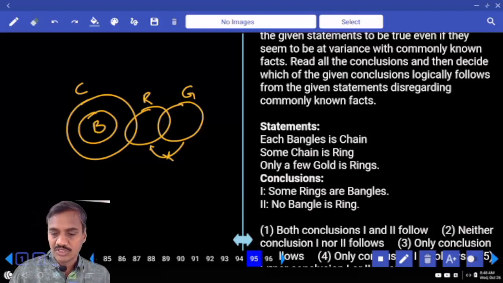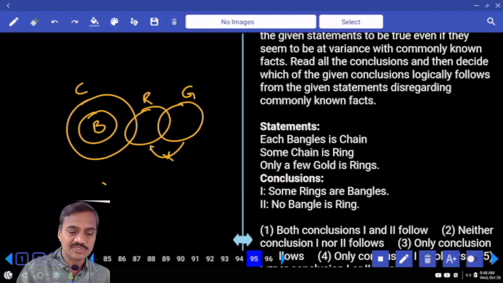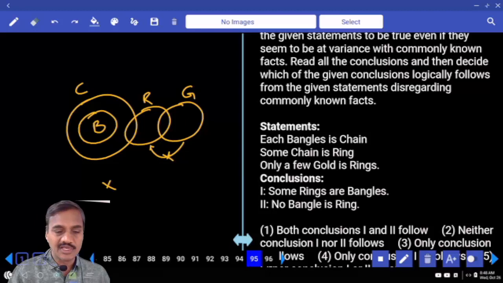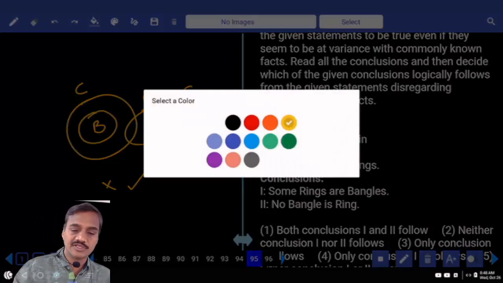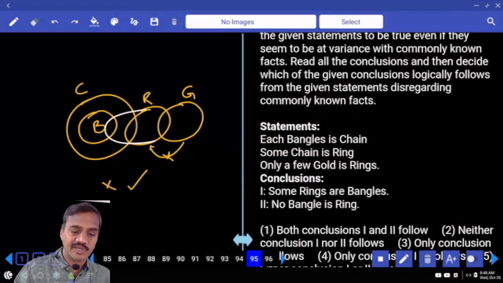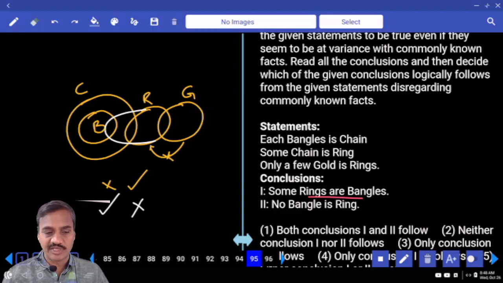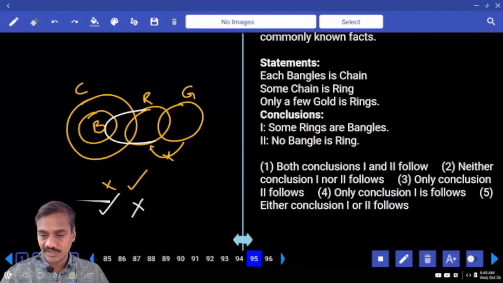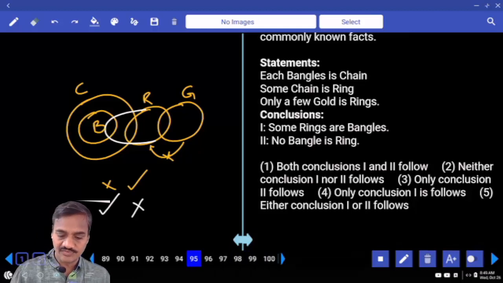And next one, some rings are bangles. Can I say that? No. And no bangle is a ring, definitely true. No bangle is a ring, true. And the false one, some of the bangles are rings. Can I say that or not? Hence, alternate diagram true, previous conclusion false, and some rings are bangles has become true. And so what is your answer? Either 1 or 2, and it is given in choice 5, question number 95.